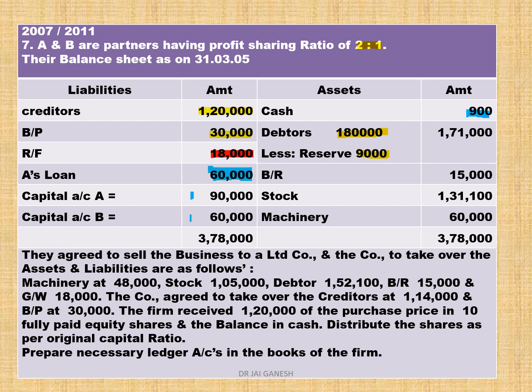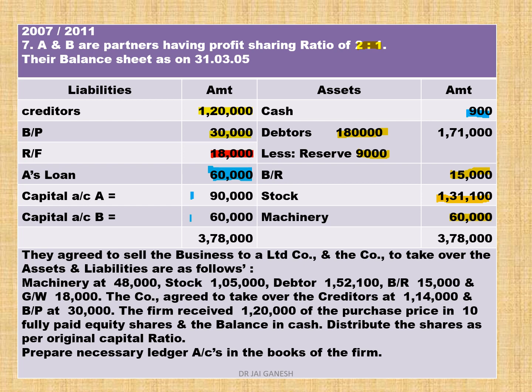Next we have BR transferred to debit side of realization account. Stock transferred to debit side of realization account. Machinery 60,000 transferred to debit side of realization account.